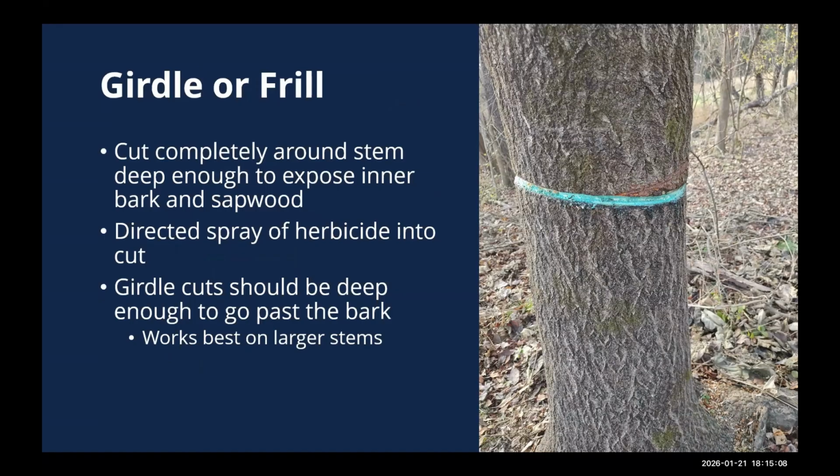You want to make sure it's deep enough to get past the bark and wide enough so the plant can't grow over the girdle, which they sometimes can do if you don't use enough herbicide. This works best on larger stems, 6 inches or more. The smaller stems are just hard to girdle without actually cutting them down.